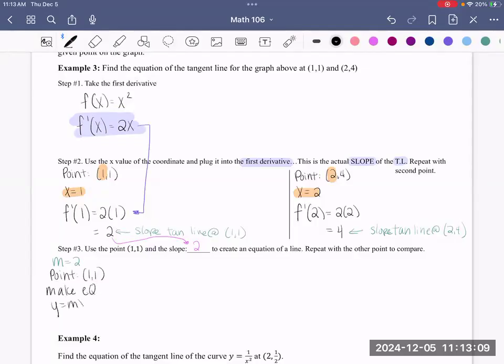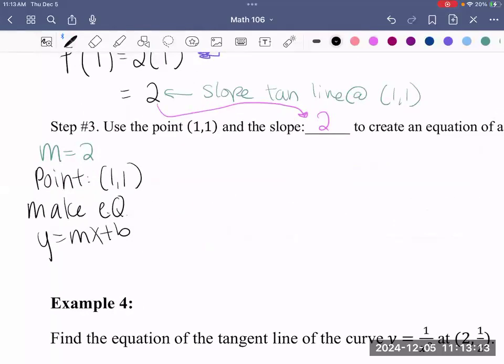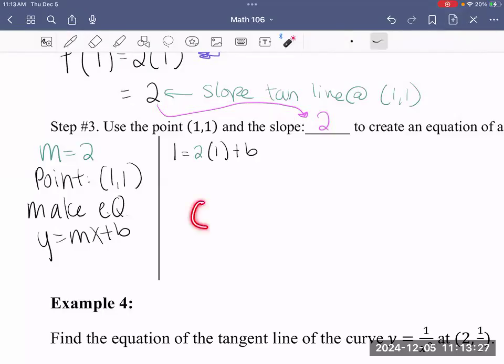Now make an equation. y equals mx plus b. Well, from here, right, we have y is 1, your slope is 2, x is 1, plus b, right? This is back from chapter 1.1. So now we can go ahead and start to solve.